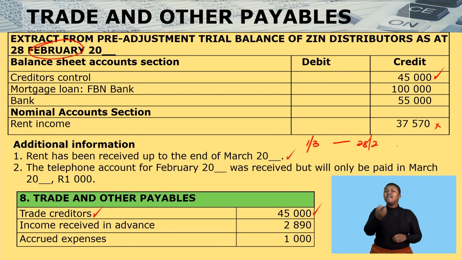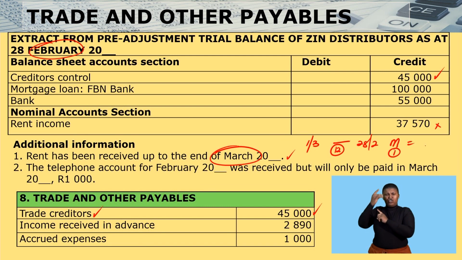However, we have received rent until the end of March, which is this March. That simply means we have received rent for these 12 months plus the March, so we have received rent for 13 months. Once we receive income for 13 months, we have received income in advance.